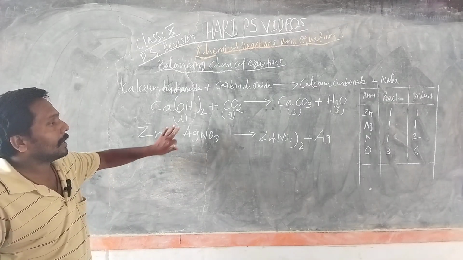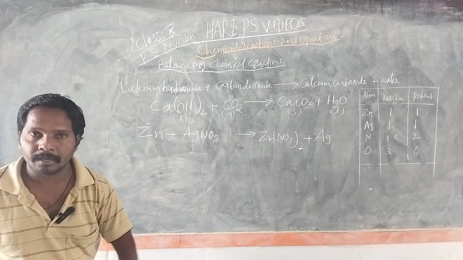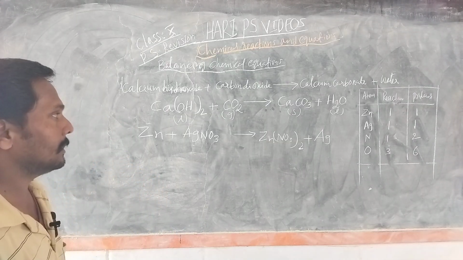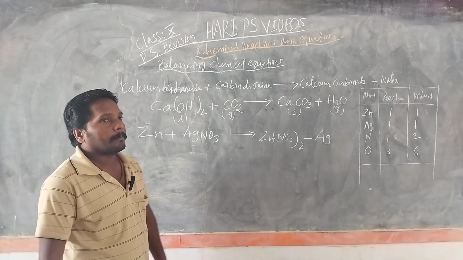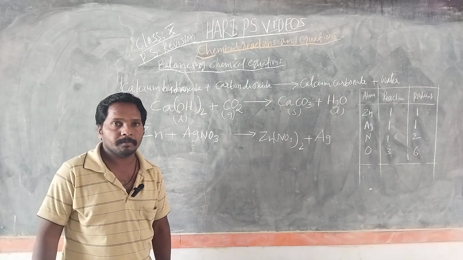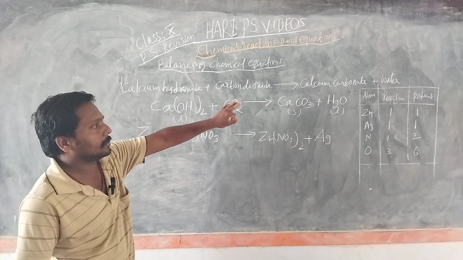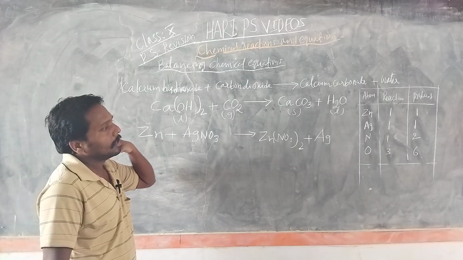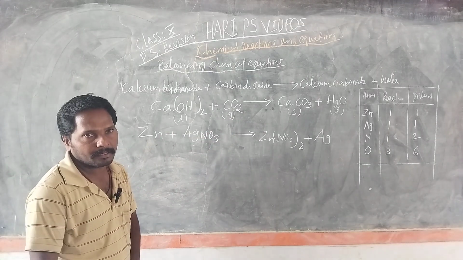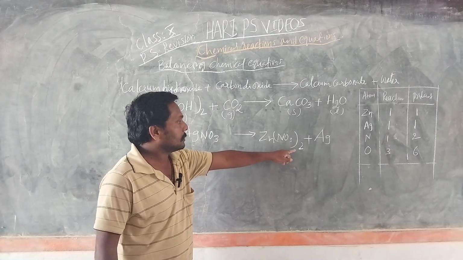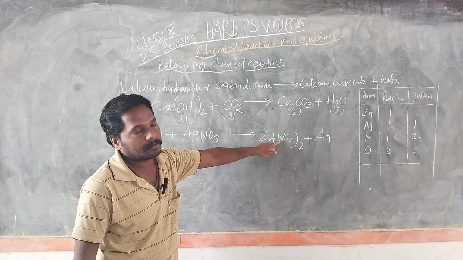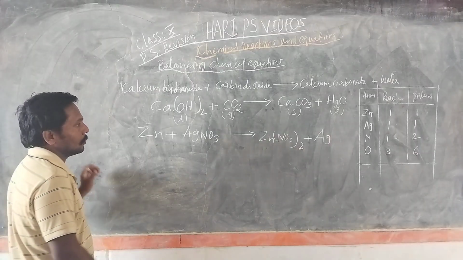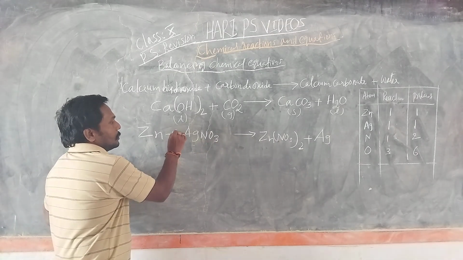This unbalanced chemical equation is also called a skeleton equation. Now to balance the atoms in a chemical reaction, we need to multiply the atoms with the smallest whole number. Observe that zinc is the same, silver is also the same. Then balance nitrogen. 2 nitrogens on the product side, only 1 nitrogen on the reactant side, so we can multiply with 2.